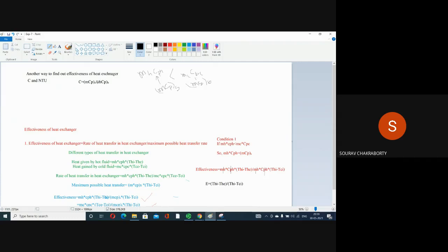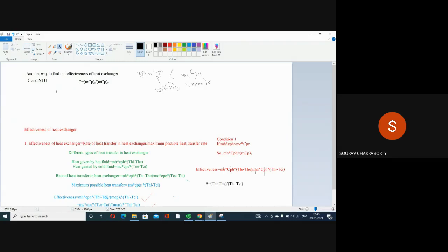Okay, so you can put here: MCPB equal to MCPS equal to the smallest value of capacity ratio between hot fluid and cold fluid, and MCB equal to the biggest or largest value of capacity ratio between cold fluid and hot fluid. Okay, this example I have given you.